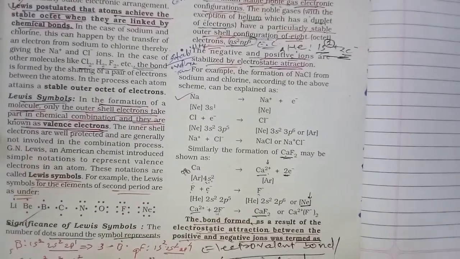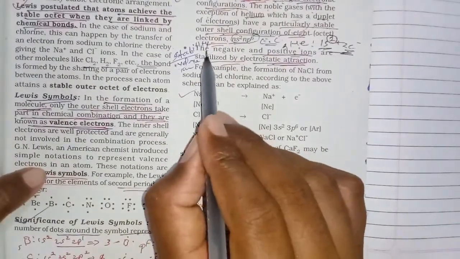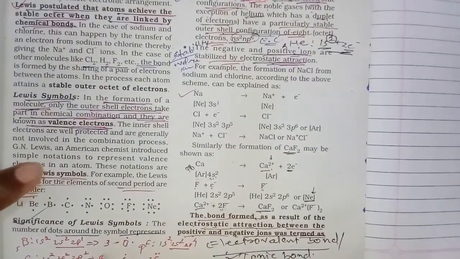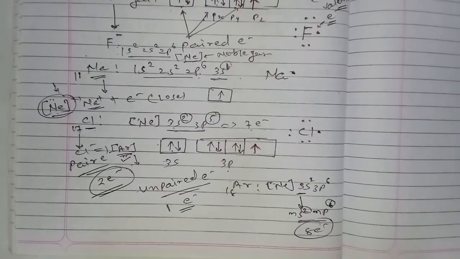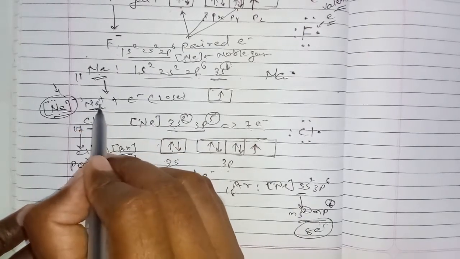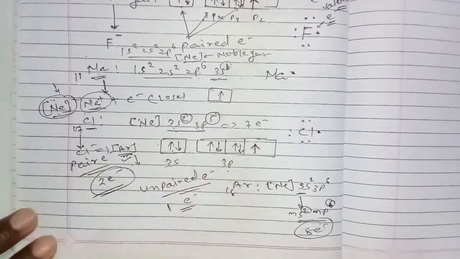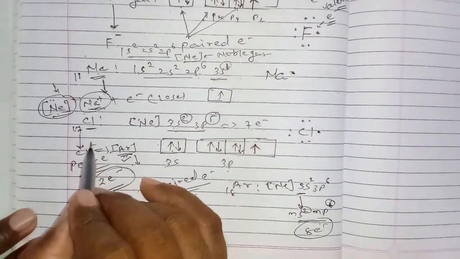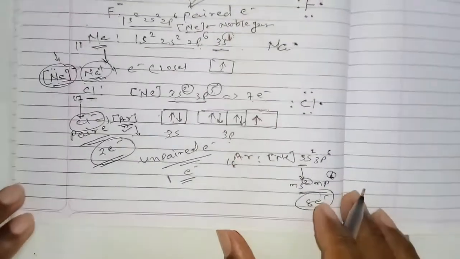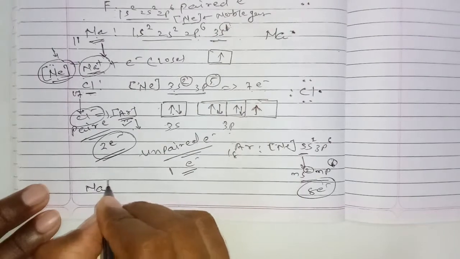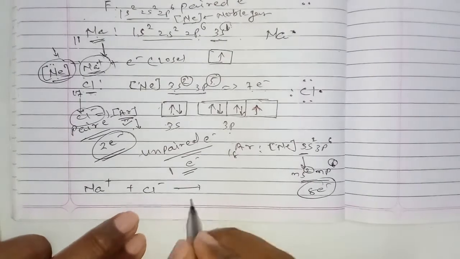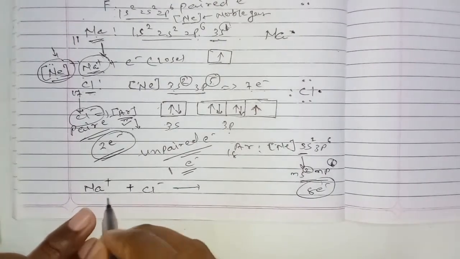And the last fact is that the negative and positive ions are stabilized by electrostatic attraction. For example, suppose a sodium atom loses 1 electron and is converted to the sodium ion, and a chlorine atom gains 1 electron and is converted to the chloride ion. The positive ion and the negative ion are stabilized by electrostatic attraction.